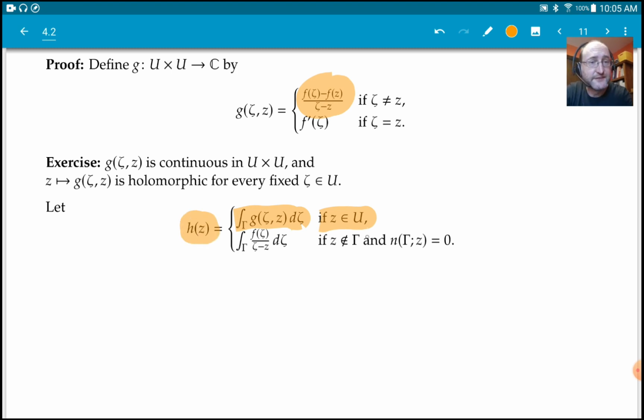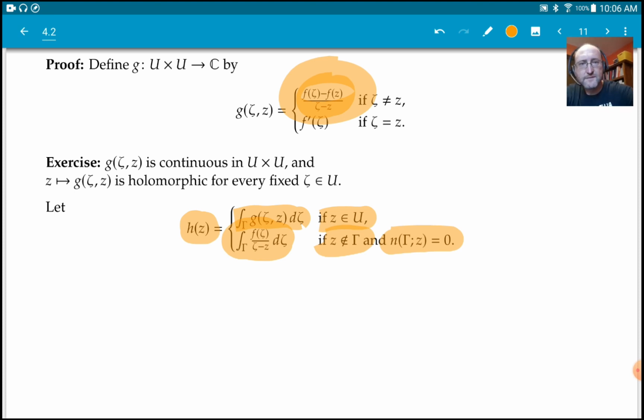Now, if z is not in gamma and gamma doesn't wind around z, so where the winding number is 0, then we're going to define it as this expression over here, which really is this part of the difference quotient without the f of z, right?